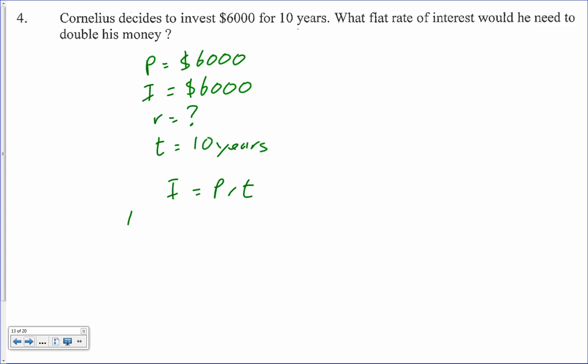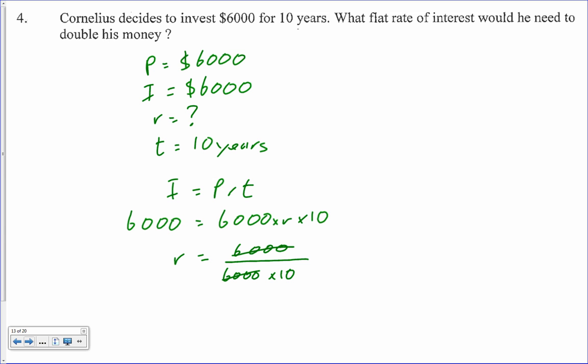So we've got 6,000 equals 6,000 R times by 10. So we're going to have R equals 6,000 over 6,000 times by 10. 6,000 cancel out, so R equals 0.1.